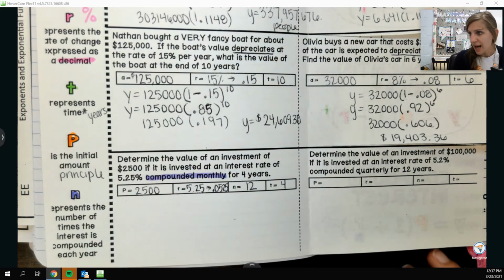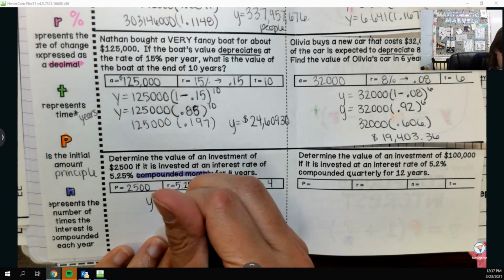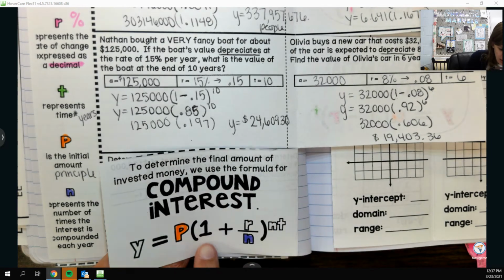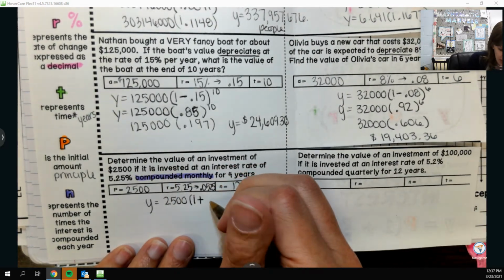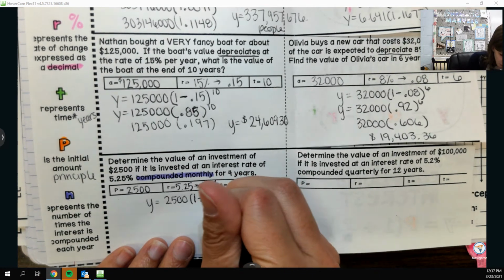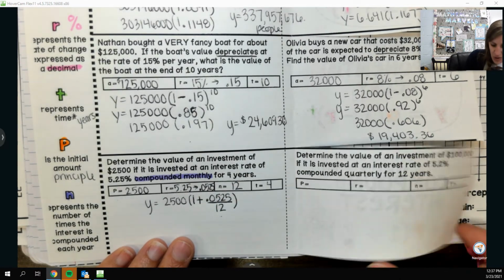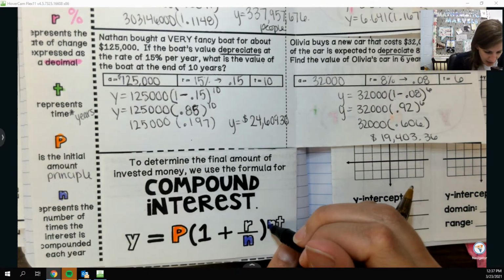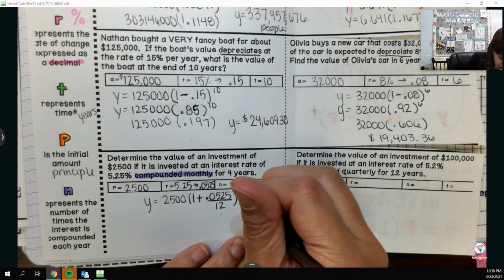So if we pop all this into our formula, we're going to have y equals our principal amount, parentheses, 1 plus, again, because we're getting bigger, we're going to earn money here, our rate over the number of times compounded, to the number of times compounded times time. And both those are up in the exponent.